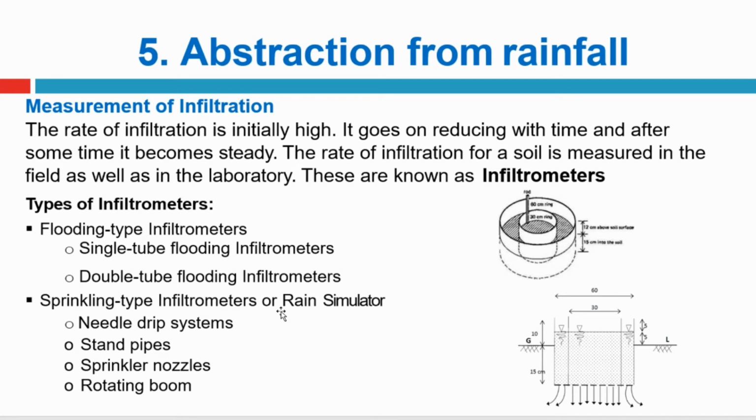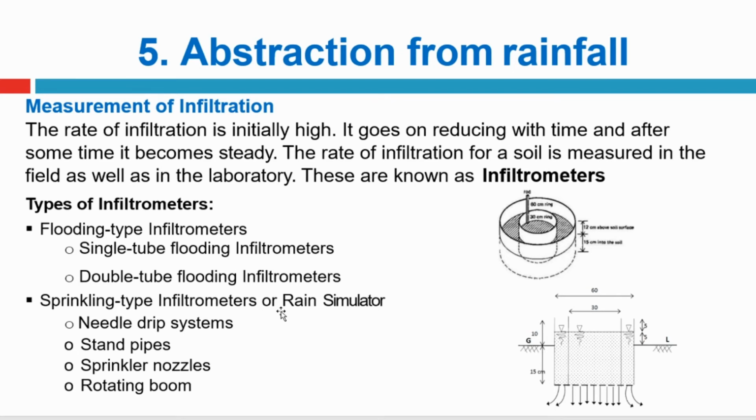We are not interested in knowing how much water gets infiltrated from a pond or from any detention bodies. We are interested in finding out how much infiltration is taking place in an irrigation area or an agricultural area. With that perspective, you have to generate an artificial rainfall kind of system.